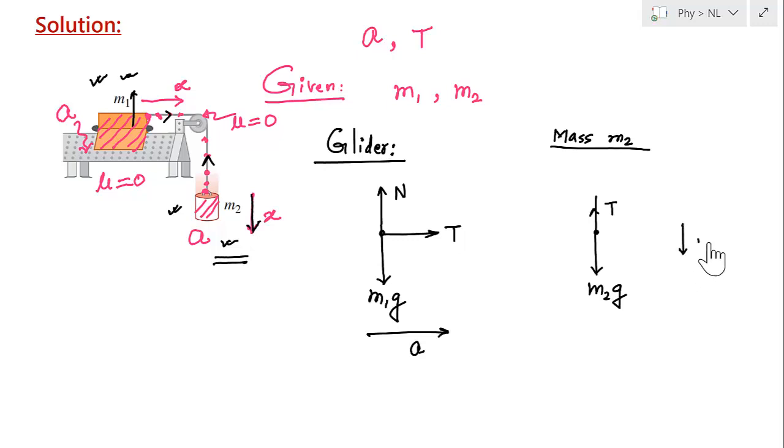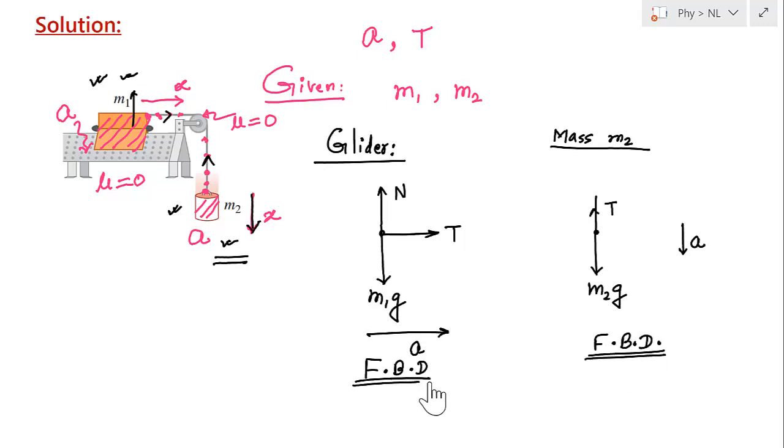So we can show the acceleration a somewhere here. Now I have the free body diagram ready. So this is the free body diagram for the glider, and this is the free body diagram for mass m2.